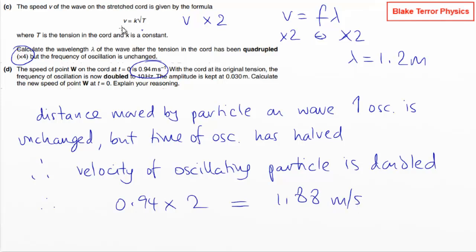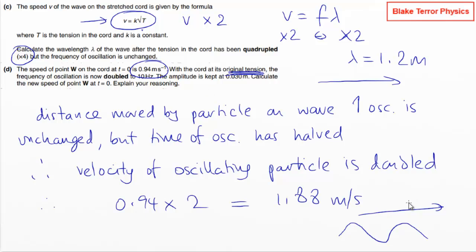Right, so again, something which can be confusing in waves. We've got the difference between this V here, which is the velocity of the wave profile moving through space. That's our left to right motion of the wave, when we drew that out, and it is moving off to the right at this velocity. The original tension is unchanged, so that V is unchanged.